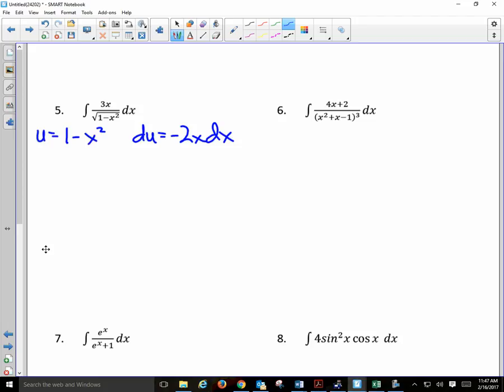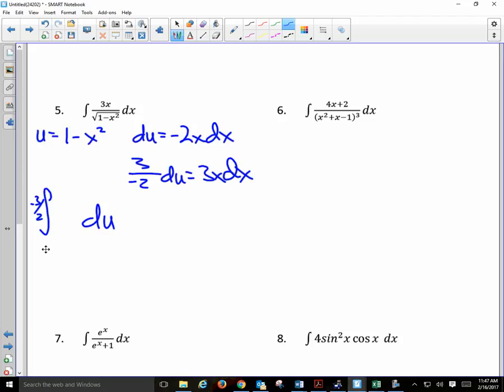I don't have a negative 2x dx. What should I try to get? The 3x dx. So I'll multiply by 3, and I'll divide by negative 2, right? So I have negative 3/2 times the integral du of what?